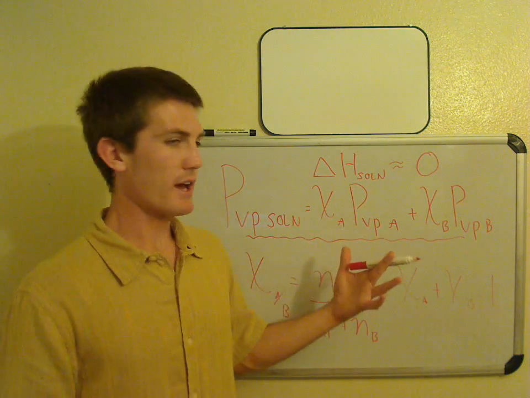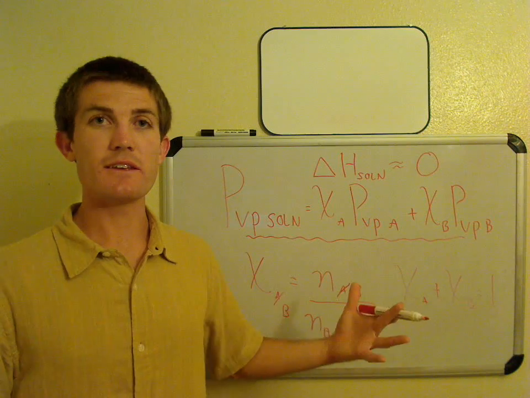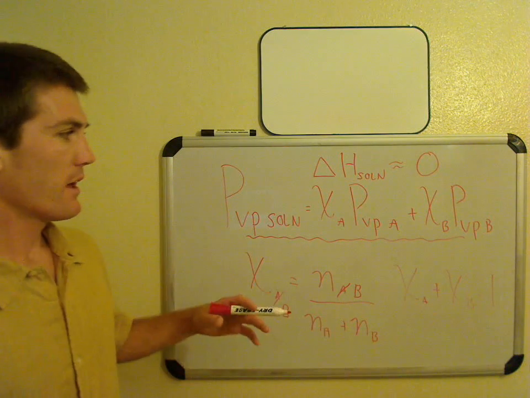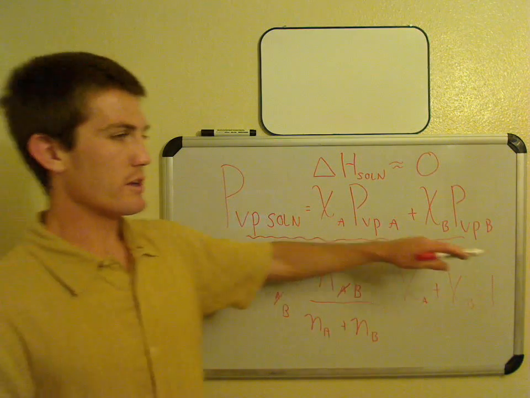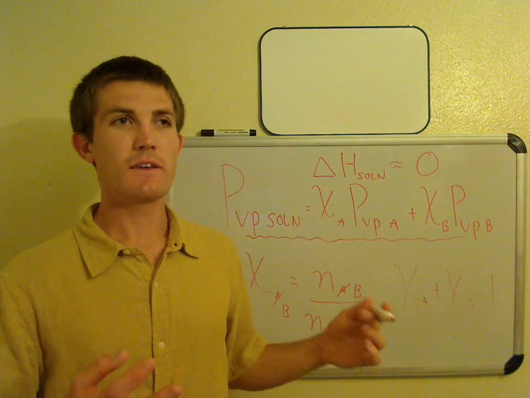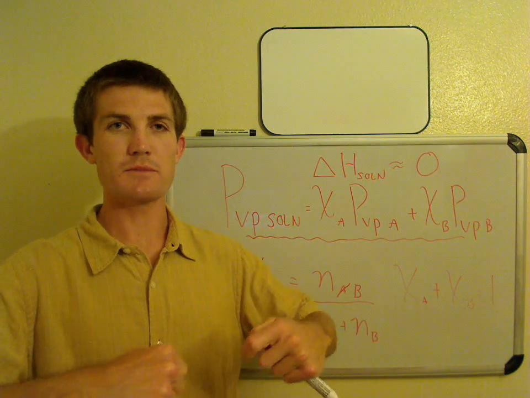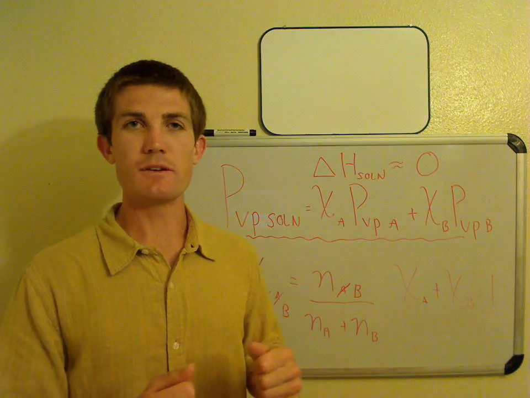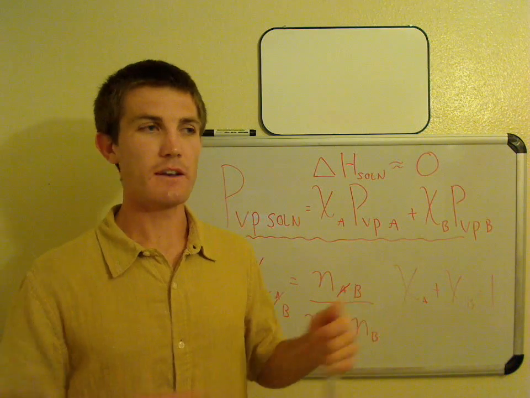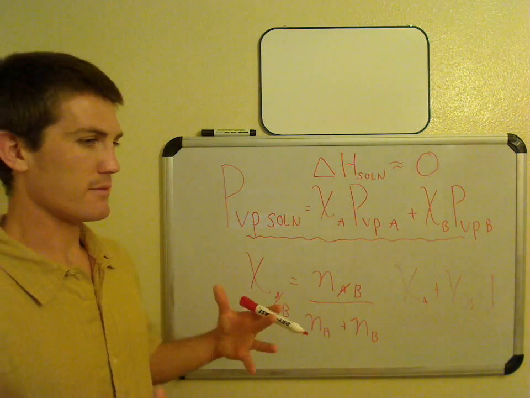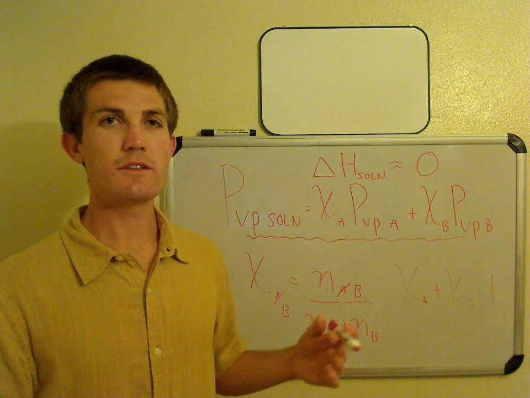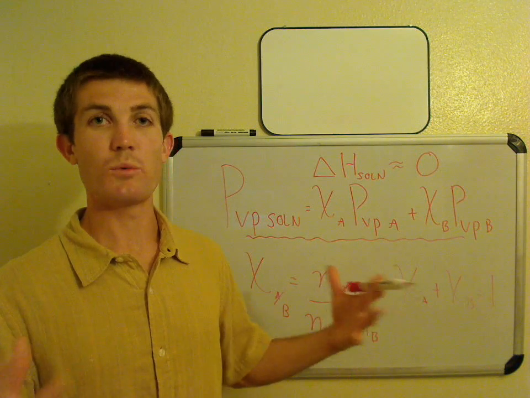Another thing that we had to know behind the scenes to solve this problem was that component A and component B, the liquids, when we mix them together, that neither of them dissociate. That is, that the Van't Hoff factor for these 2 liquids is both 1.